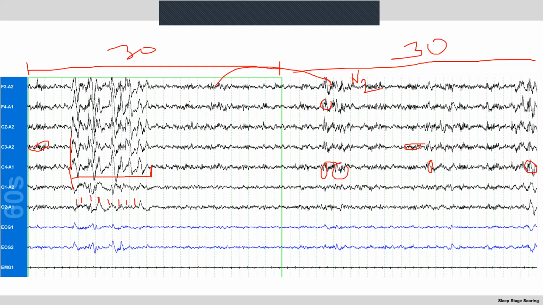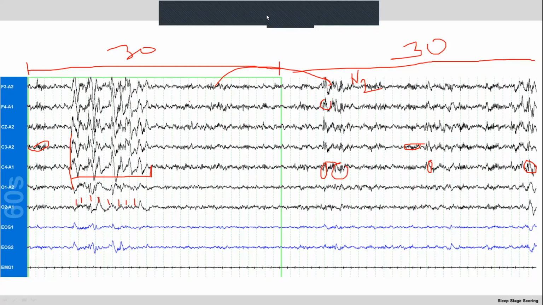So when N3 slow wave activity reduces and there are only one or two K complexes, then we have to mark that next epoch as N2. Then the role of spindle presence and K complex comes into the picture. Okay, I think this is done.